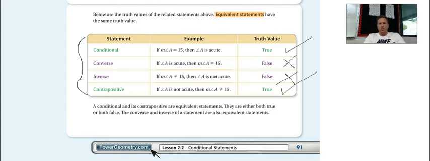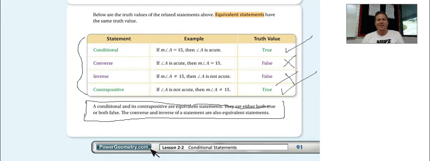The last bit, we're going to write down this statement right here. Sorry, my penmanship is terrible today. A conditional statement and its contrapositive are equivalent statements.